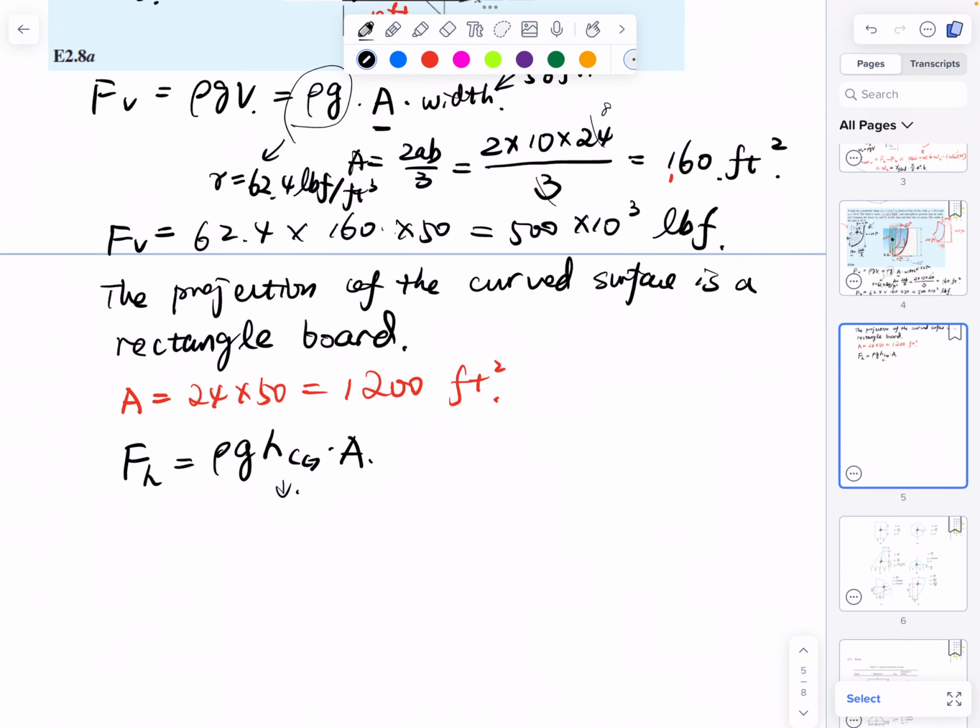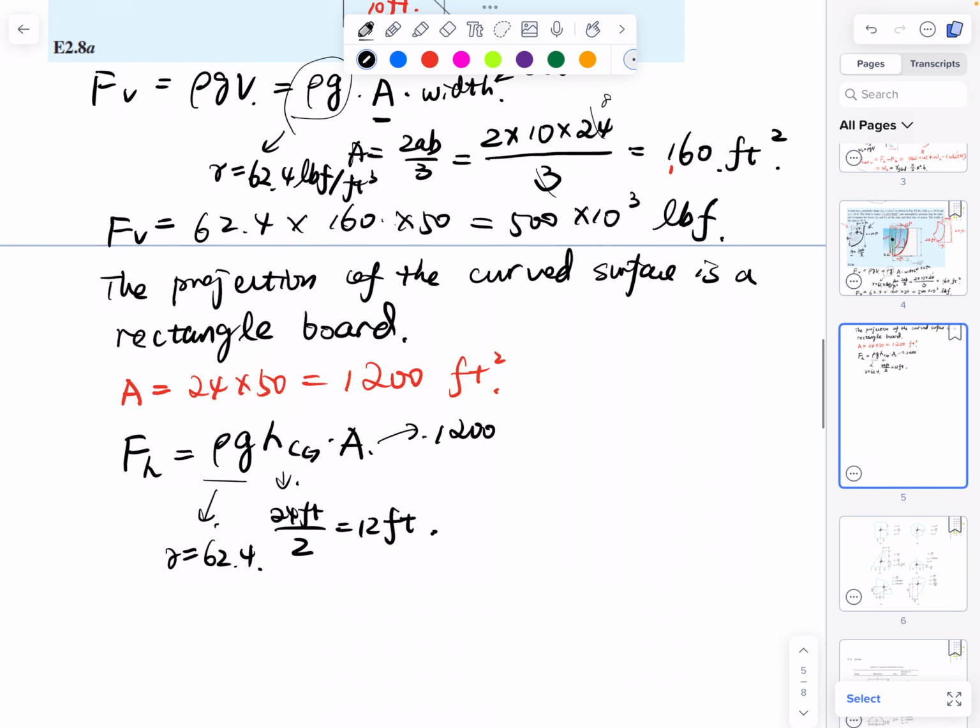That's 24 feet divided by 2 because it's at the middle, right? So it's 12 feet. So rho G is gamma equals 62.4. And A we just calculated is 1,200.